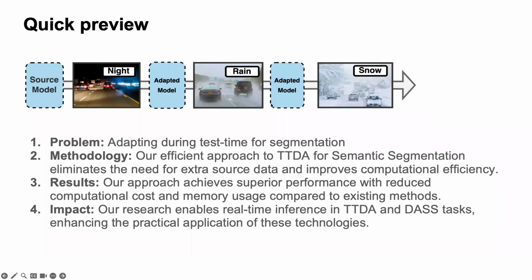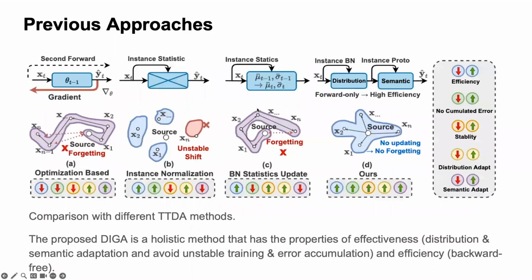Although there are only a few methods about test-time segmentation, there are also some methods for test-time classification and other scenarios. But they have some problems. We can generally categorize them into three parts.